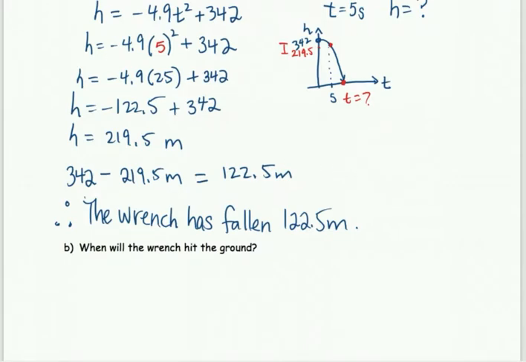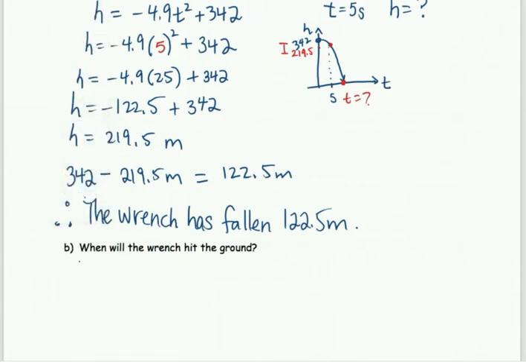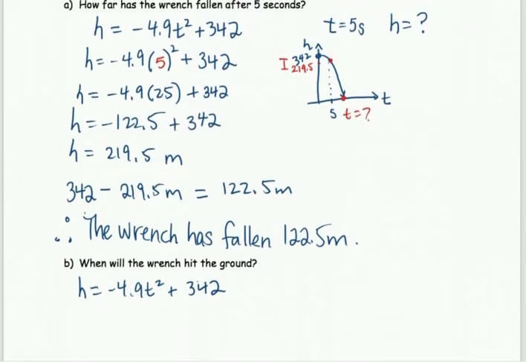So here's the scenario. You have this equation again, and I want to know when it hits the ground. What's the height? Last time I knew the time, but this time I don't know the time, but I know the height. When it hits the ground, what would the h value be?